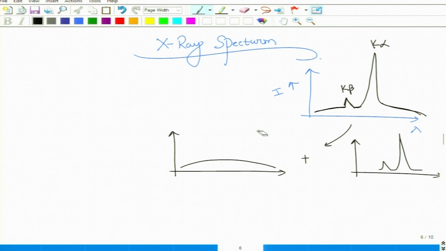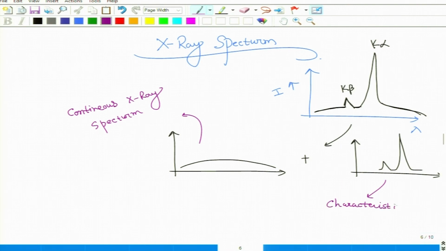Now we have to explain why this spectrum looks like this. This is very important. This part is called the continuous X-ray spectrum, and this is called the characteristic X-ray spectrum.